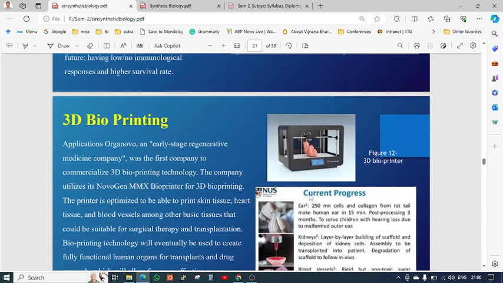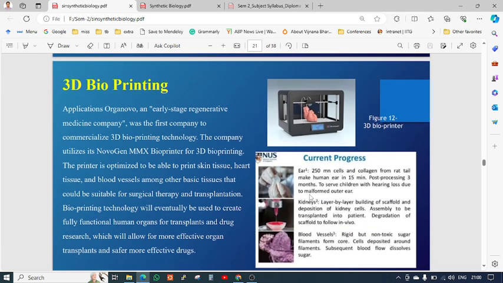Then 3D bioprinting, a very advanced technique. If you need a heart transplantation, you can print the heart with the application of synthetic biology. This is bioprinting. This is not in process nowadays, but in the future it may happen.